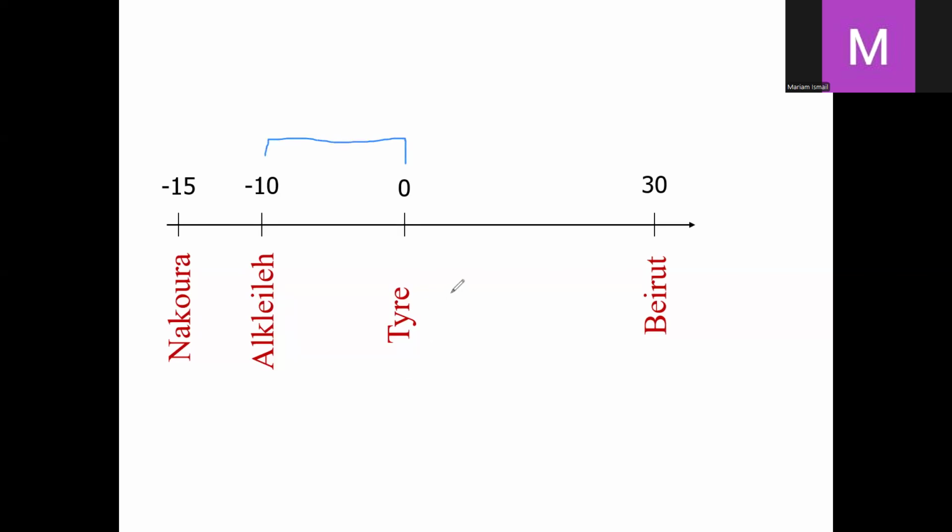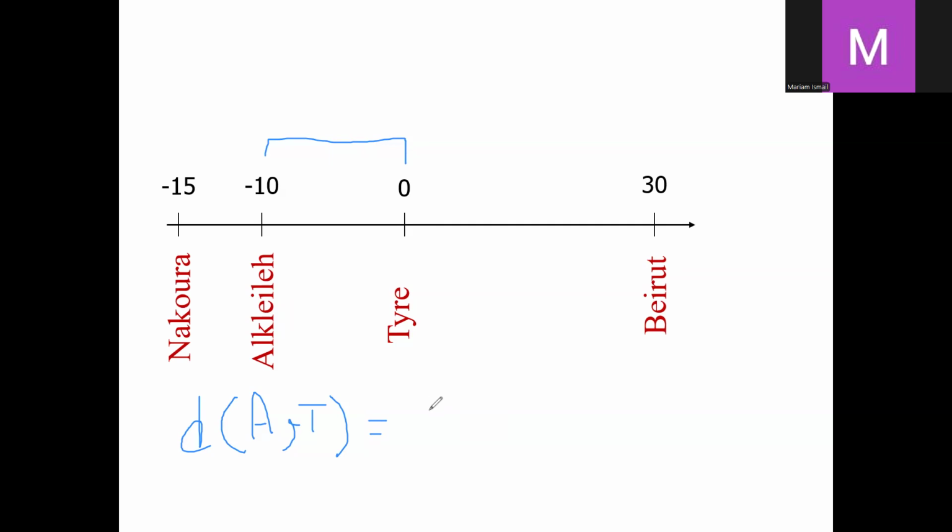Here, Tyre is located at the origin, since it's located at the point 0, the origin of the x-axis. So I'm finding the distance between Layli and the origin, which is Tyre. We know that we have to subtract their abscissas. We can say 0, the abscissa of Tyre, minus 10, the abscissa of Layli, or their positions on the x-axis.